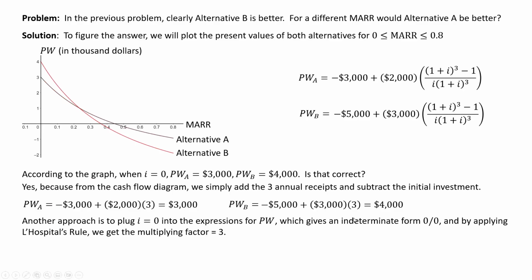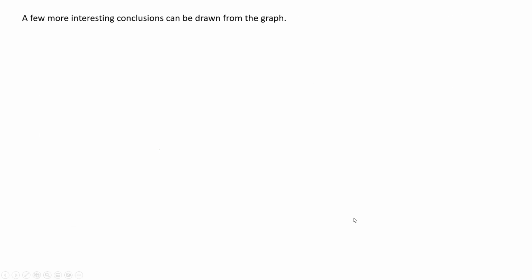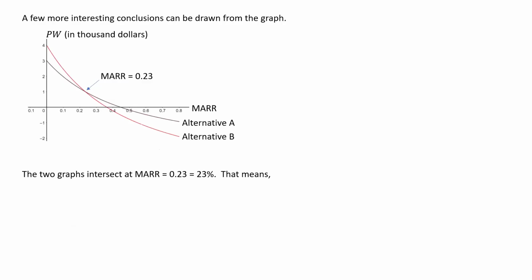Wonderful problem. Let's see a few more interesting ones. Yeah, that's the one. So the two graphs intersect at a MARR of 0.23. That means when MARR lies between 0 and 0.23, alternative B is better. But beyond that, alternative A is better.